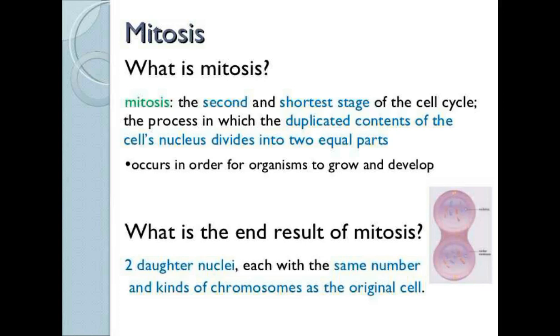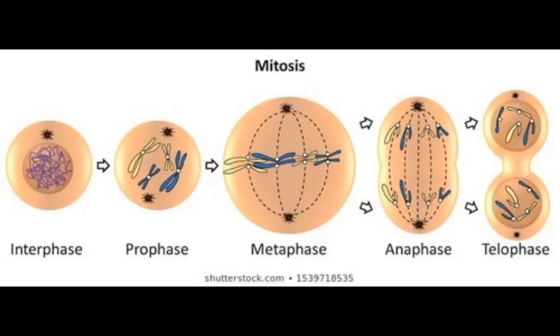If not corrected in time, mistakes made during mitosis can result in changes in the DNA that can potentially lead to genetic disorders. Mitosis is divided into five phases: interphase, prophase, metaphase, anaphase, and the last one is telophase.